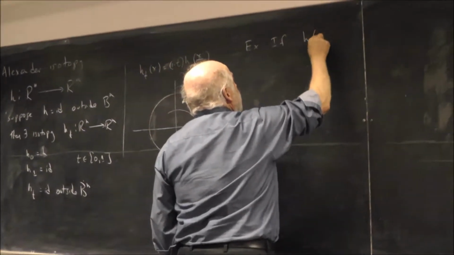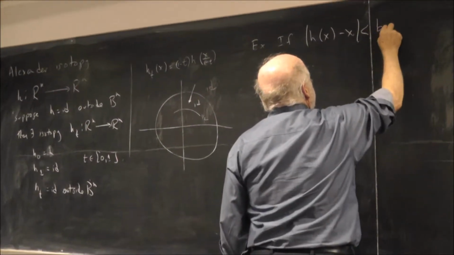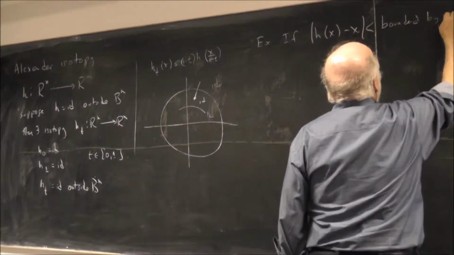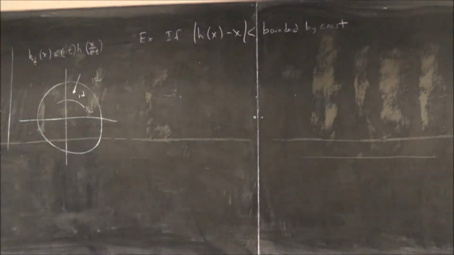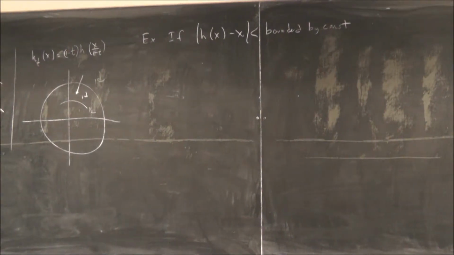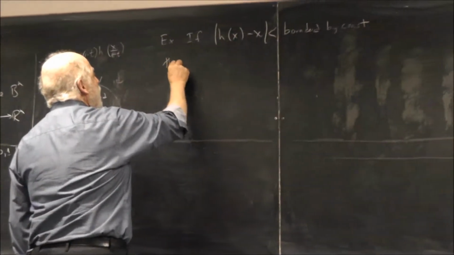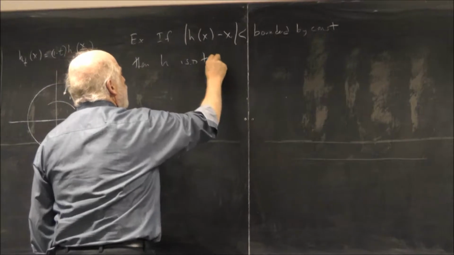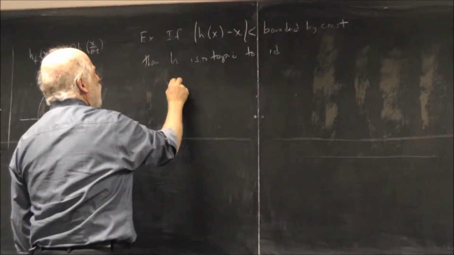If h of x minus x is bounded, say by some constant, in other words, no point in Rn moves too much, then h is isotopic to the identity, and it's the same proof.